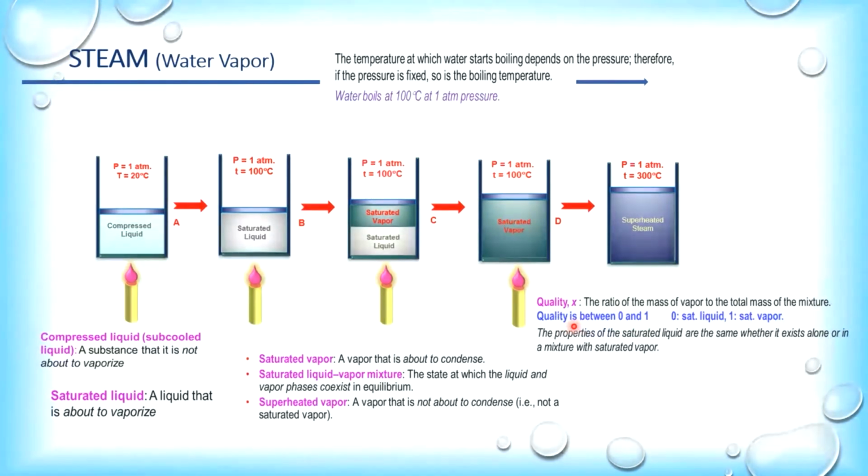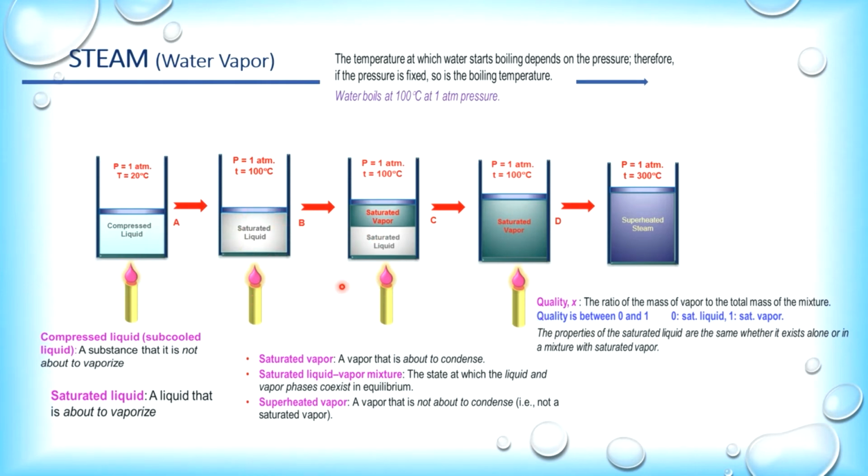The quality of the steam, that is the dryness fraction X, can vary from 0 to 1. For saturated liquid, X is 0. For dry saturated vapor, dry saturated steam, X is equal to 1.